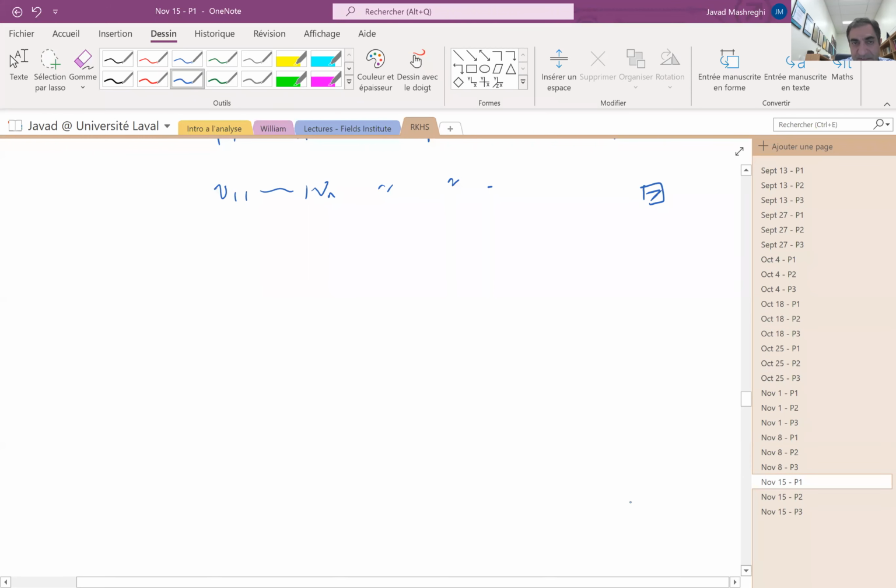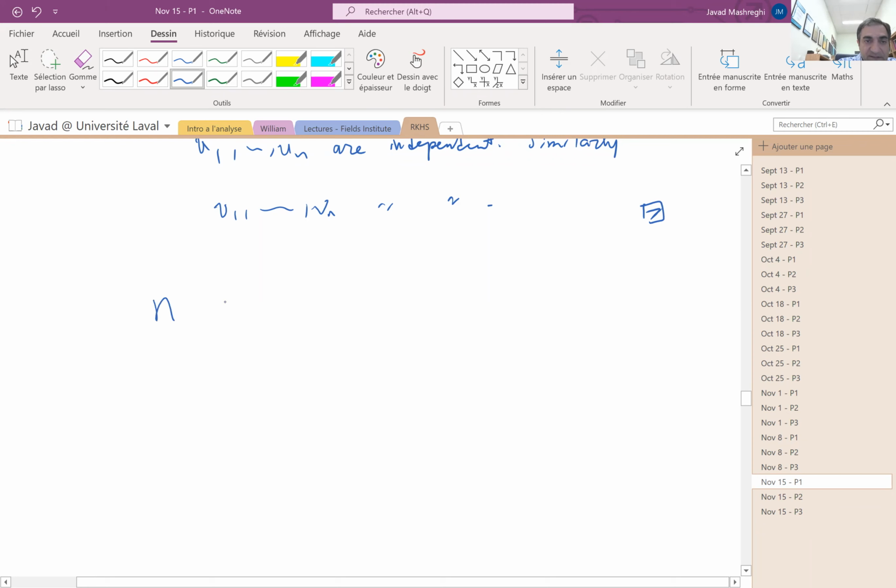To emphasize, please let me say one more time that if n is the smallest, then X can be written as the sum j from 1 up to n of uj tensor vj. That's good. Not uniquely.